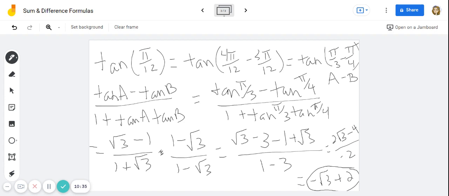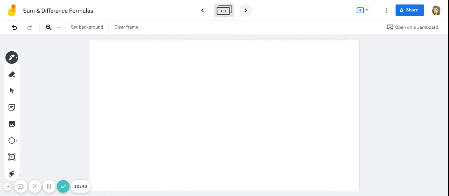Okay, let's talk about the other way that we could use these. We might be given information about A or B or both, and then they might ask us to find a sum or difference based on that information. So let's look at what it starts out as. They have to give us some information about A and B. So let's say that they tell us that sine of A is equal to 12 over 13, and that A is between pi over 2 and pi.